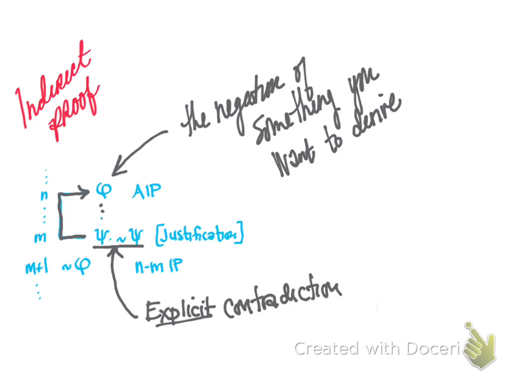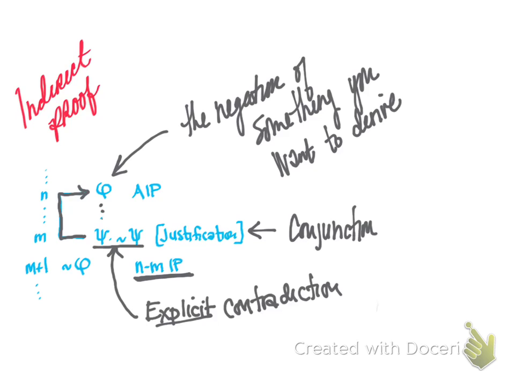And then you'll justify that by citing all of the lines in the box, including the assumption, including the last line, and the rule is IP for indirect proof. And you'll have some justification for your explicit contradiction. Oftentimes it's going to be conjunction. Since it's a conjunction, in many cases you'll have to put it together using the conjunction rule, but not necessarily. The justification depends on the proof in question.